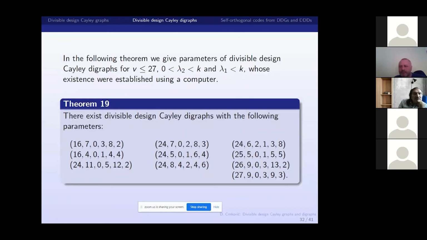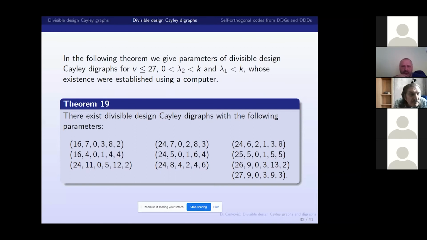Yeah, and these are some results obtained computationally. So these are designs for V less or equal to 27, and lambda 2 is between 0 and K, and lambda 1 is smaller than K. We got these results by computer.